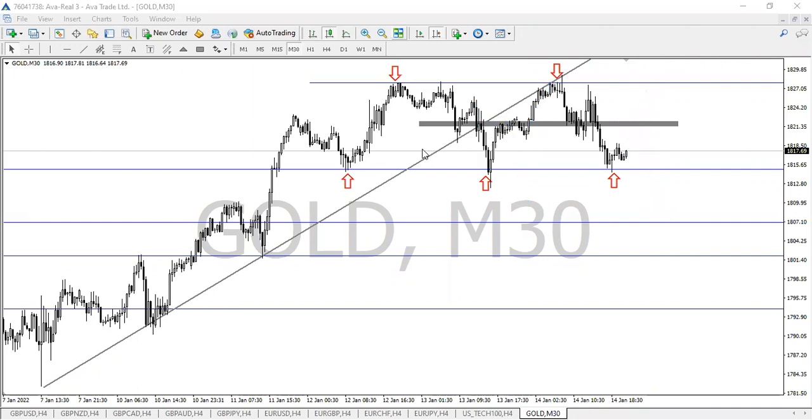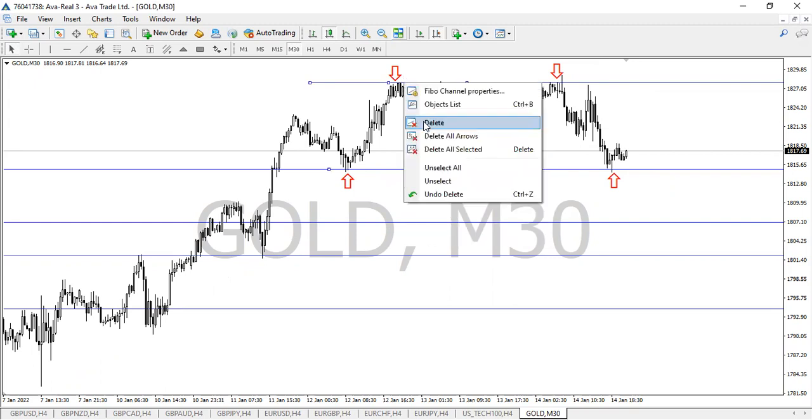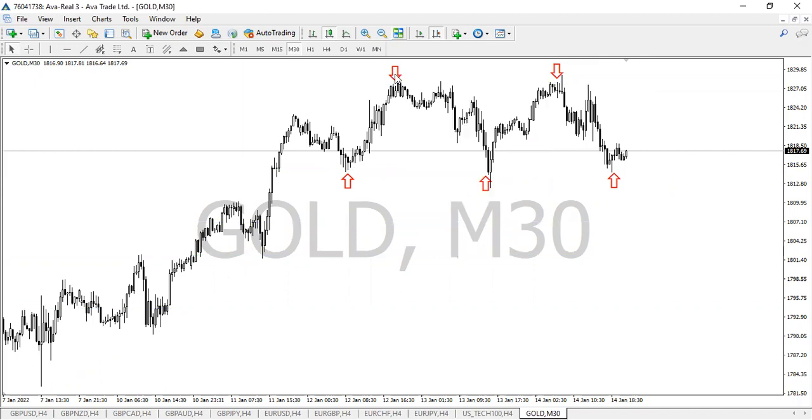So the key levels are not different from what I said to people: whenever we draw the channel or trend line, we look for obvious points.